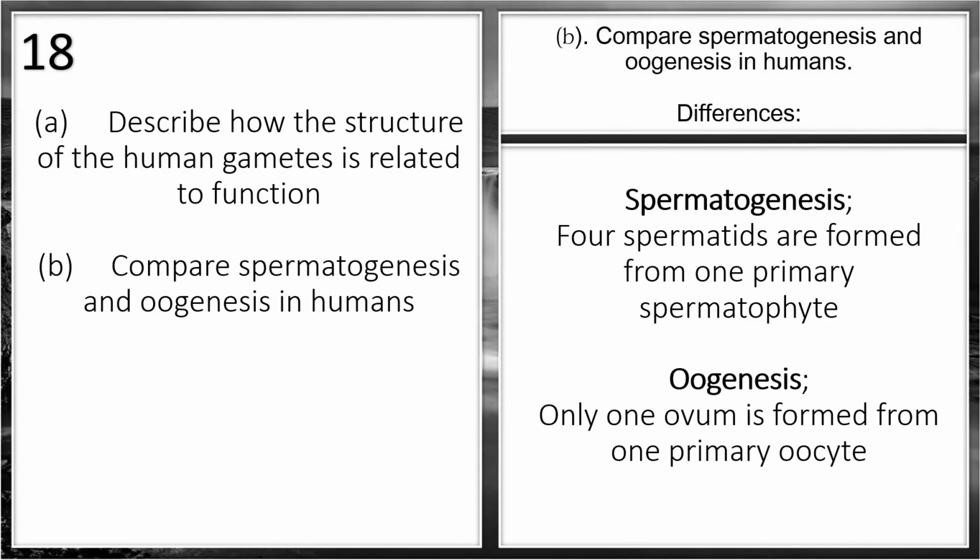In spermatogenesis, 4 spermatids are formed from one primary spermatocyte. In oogenesis, only one ovum is formed from one primary oocyte.